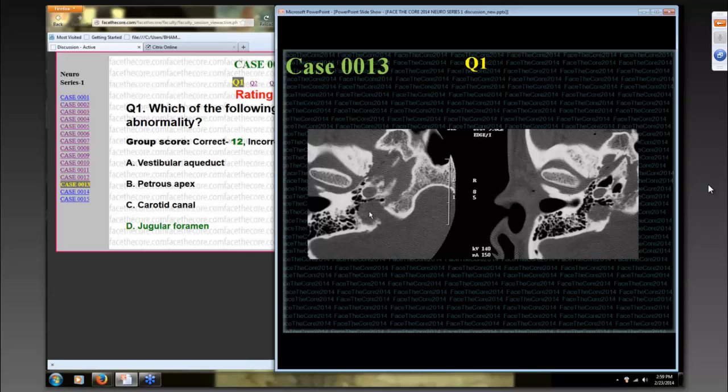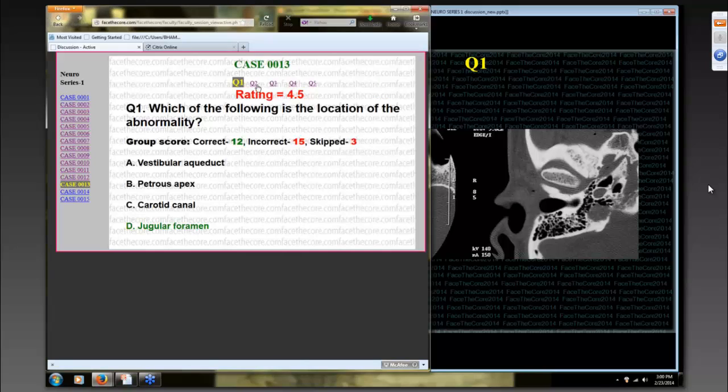So those are the two important components of that, and the lesion in this case is involving, by location, the jugular foramen.